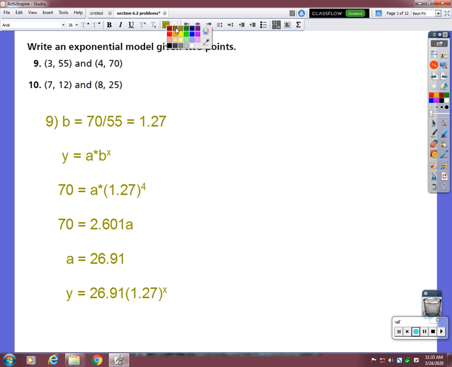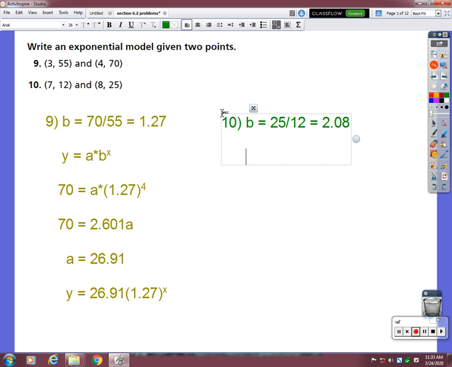Alright, same thing with the next one. I'm going to start by figuring out what b is by dividing the successive y values. So 25 divided by 12 is 2.08.